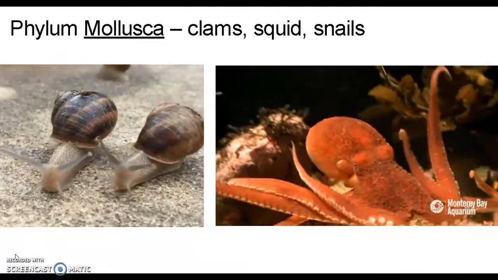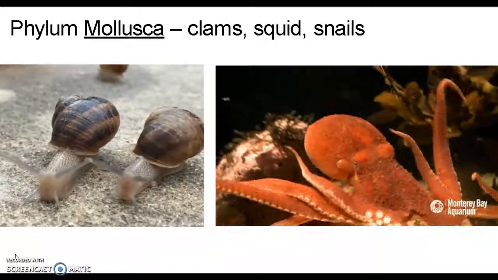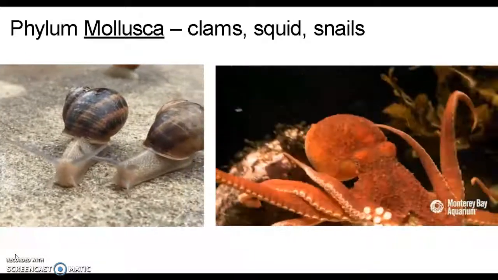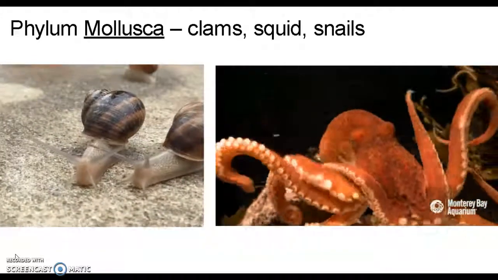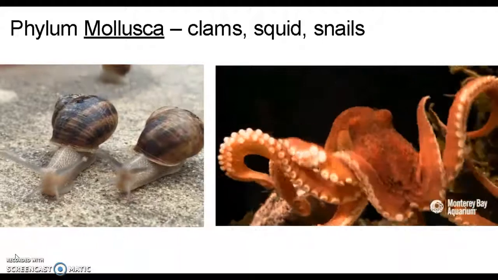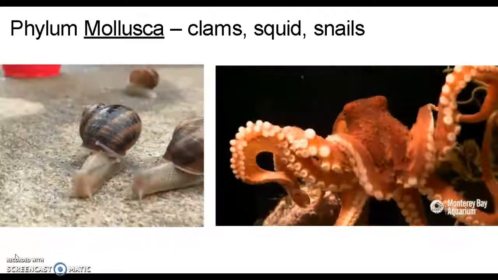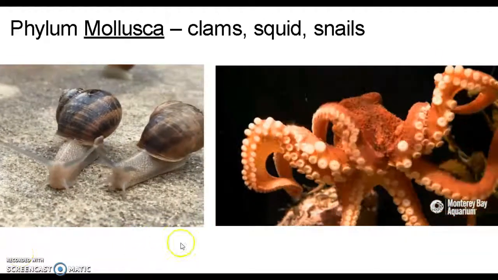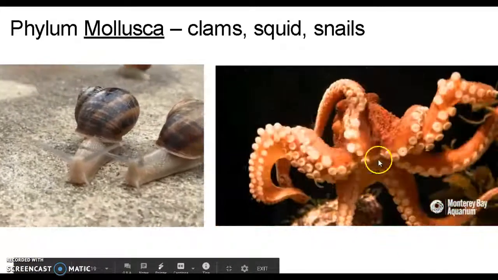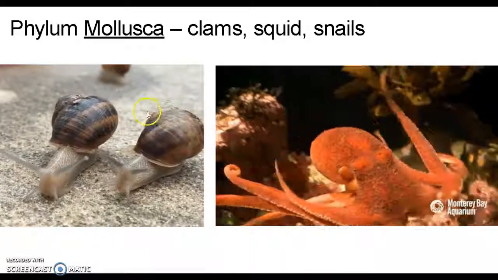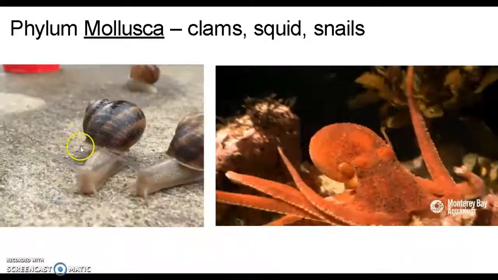Next, we have phylum Mollusca, or mollusks. These include clams, oysters, squid, and snails. Most of these contain a hard shell, with the exception of octopuses and some squids. They lost their hard shell through evolution, but most of them have a soft body and a hard shell.